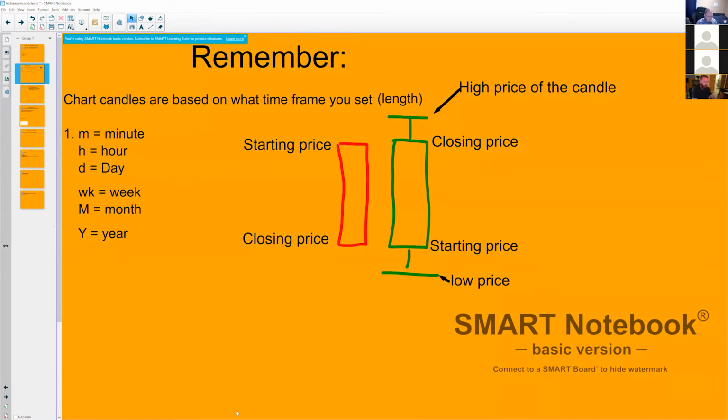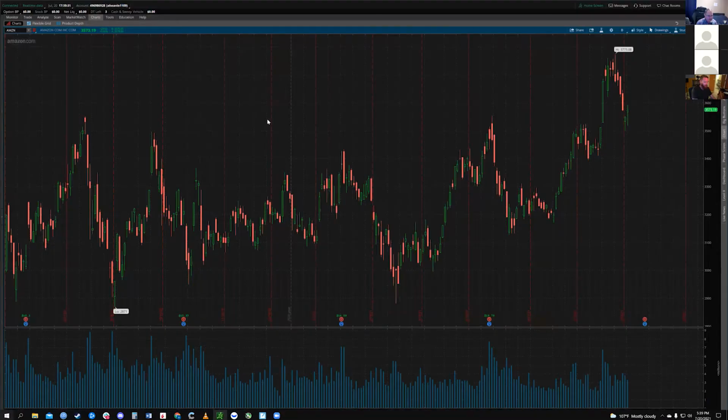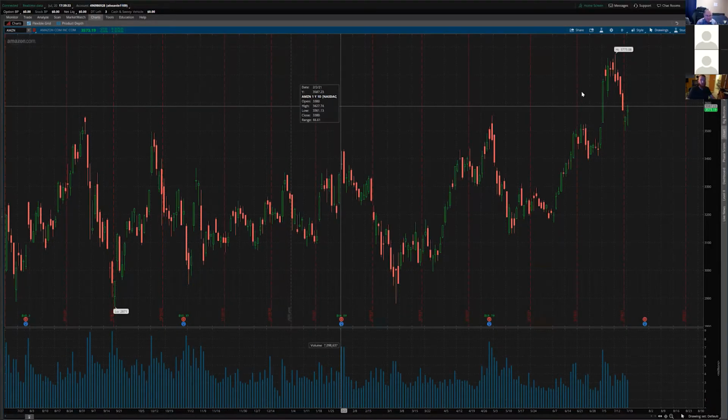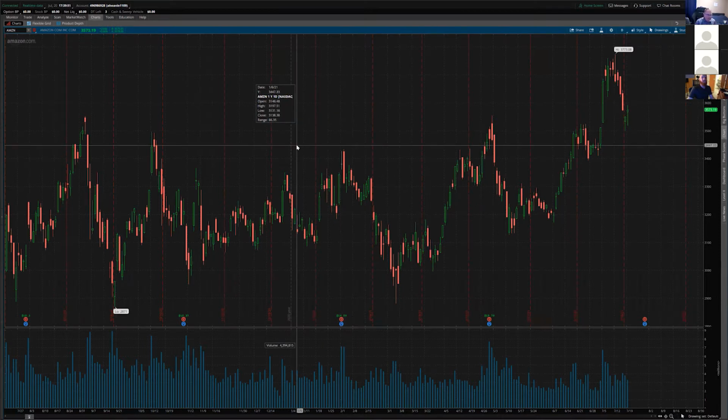So let's just pull up an example. So here is an example. This is Amazon. Oh, thanks, David. Give me one moment. So this is the program that I use. This is called Thinkorswim. And Thinkorswim has a really good program that has basically everything you need.